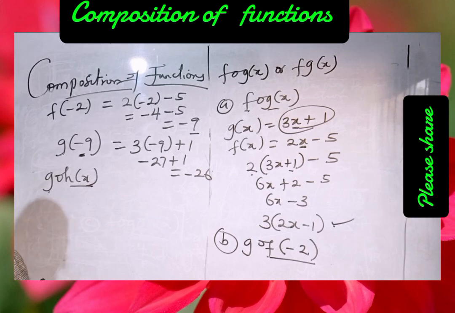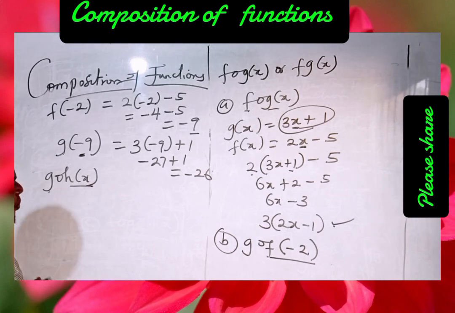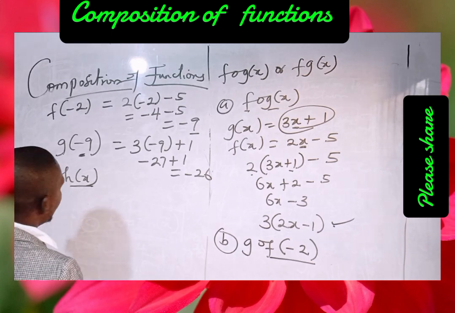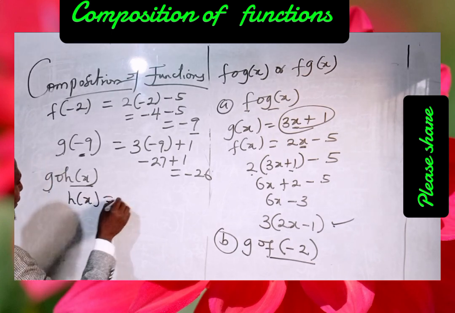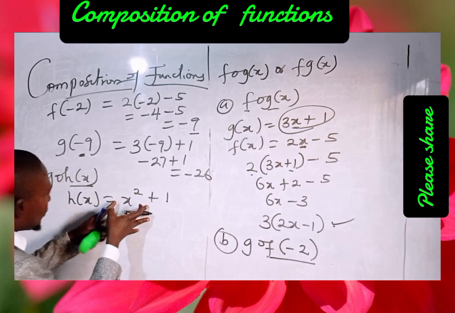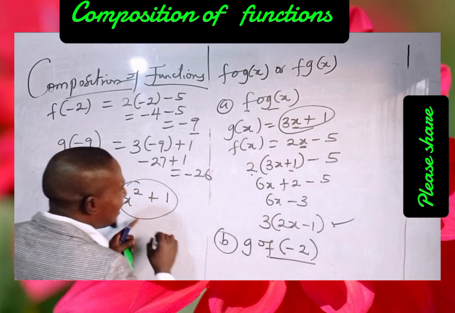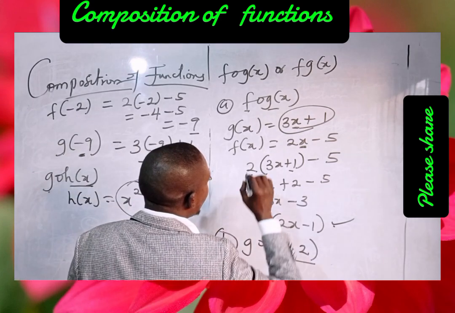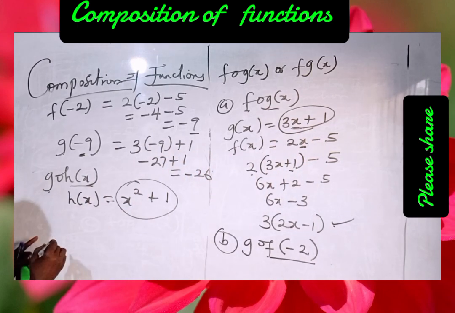Now, what is h of x? H of x is x squared plus 1. Now put h of x, which is x squared plus 1, in g. Where in g? Any place you see x in g, put x squared plus 1.